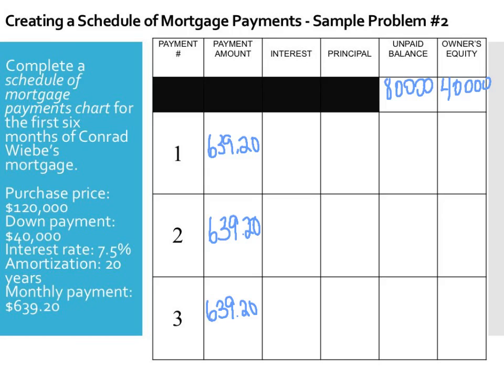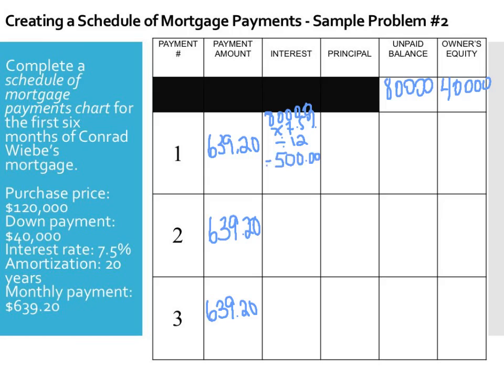So our interest payment is going to be the unpaid balance, $80,000, times our interest rate of 7.5% for this question, and then we divide that answer by 12, because otherwise it would give us the interest payment for the whole year. When you do that, it works out to $500.